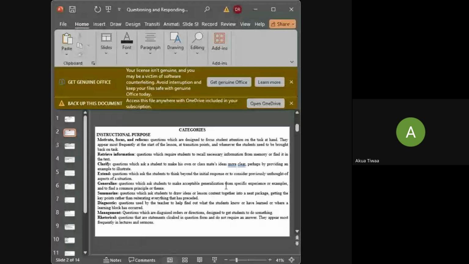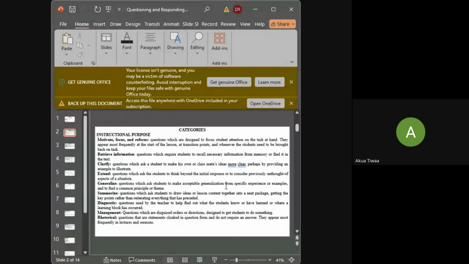Then to clarify: questions which ask students to make his or her idea clearer, perhaps by providing an example to illustrate. And then we use questions to extend: questions which ask the student to think beyond the initial response or to consider previously unthought-of aspects of a situation.